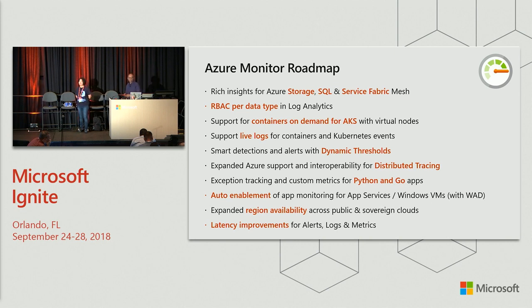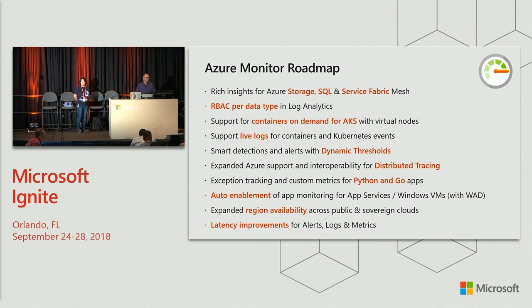You can see things like supporting live logs for containers for real-time monitoring, and rich insights for storage and SQL, just like we did for VMs. You will have more support in Application Insights for distributed tracing, and better alerting with dynamic thresholds.